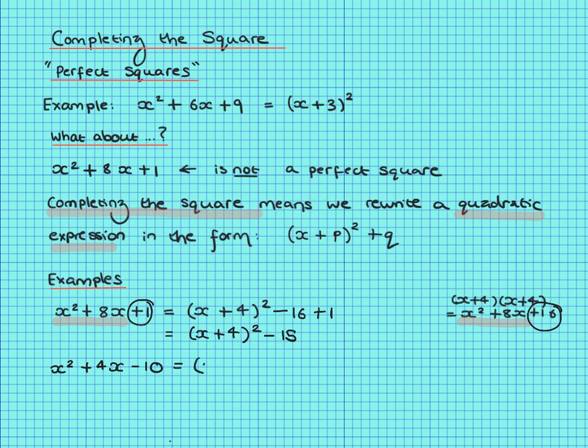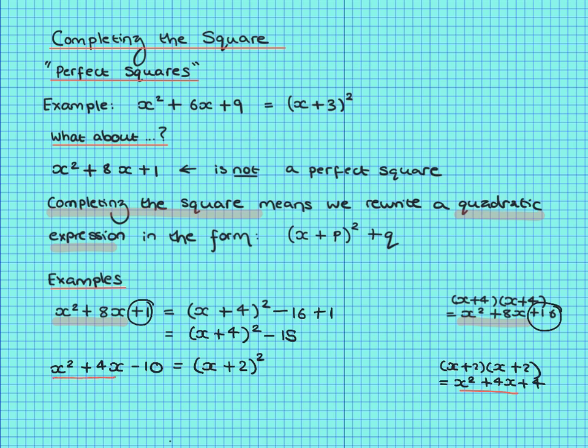So again, it's going to be x plus 2 this time all squared, and you can expand those brackets. x plus 2 all squared is x squared plus 4x plus 4. So you have the x squared and the 4x that you want over here.